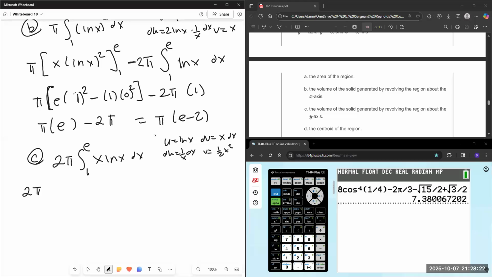2 pi times uv, 1/2 x squared ln of x from 1 to e, and this will cancel, minus 2 pi, the integral from 1 to e of v du.